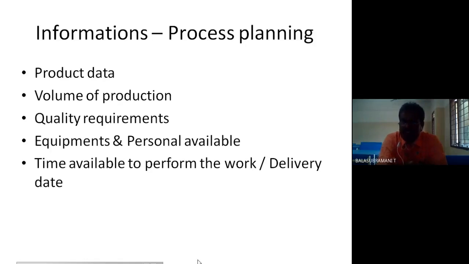Next, delivery date. Delivery date is very, very important for the production unit. The delivery dispatch time has 2 categories: tardiness and lateness. Tardiness means the part should be delivered in advance. Say the part should be delivered by the 31st, by the end of the month, 100 units of the product.